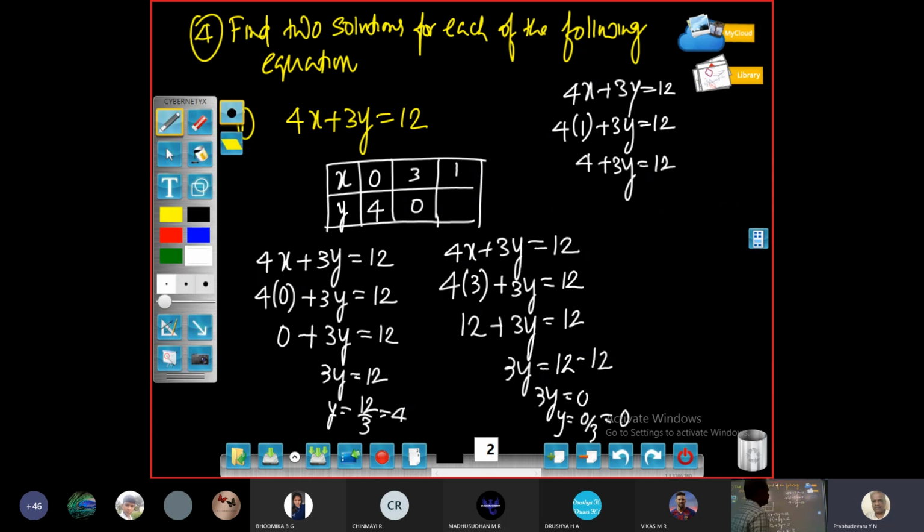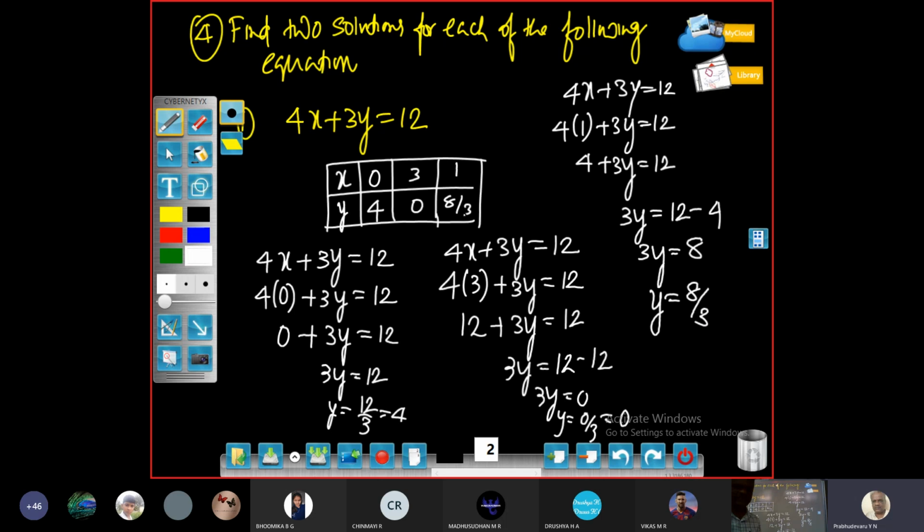Now we simplify this one. 3y is equal to 12 minus 4. Transfer that 4 to the right side. Then 3y is equal to 12 minus 4, which is 8. Y is equal to 8 by 3. You keep this in the form of a fraction itself. So when I take x is equal to 1, the y value will be equal to 8 by 3.